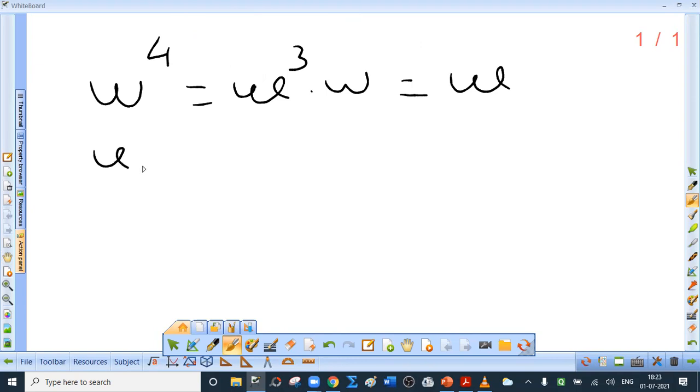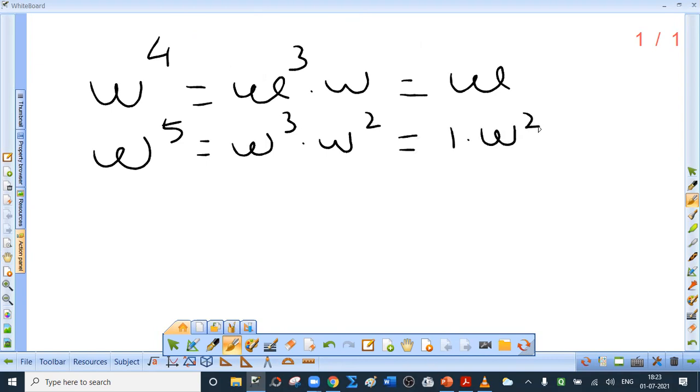What will be omega raised to 5? Omega raised to 5 is omega cube into omega square. But omega cube is 1. 1 into omega square. Okay. In general, if n is a natural number, what is omega raised to 3n? I can write this as omega cube raised to n.